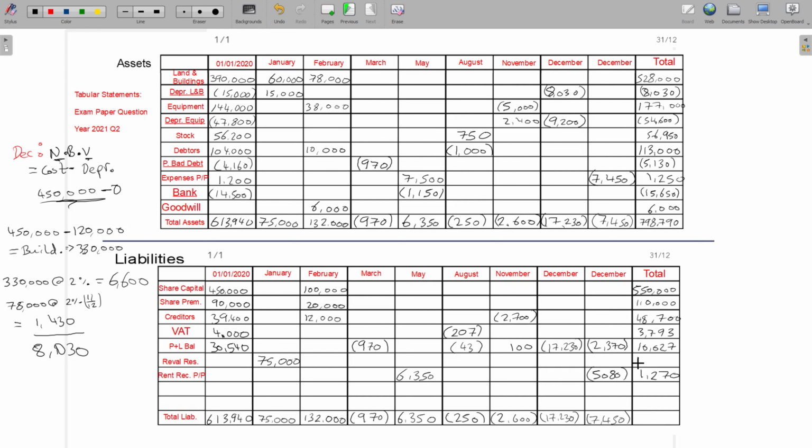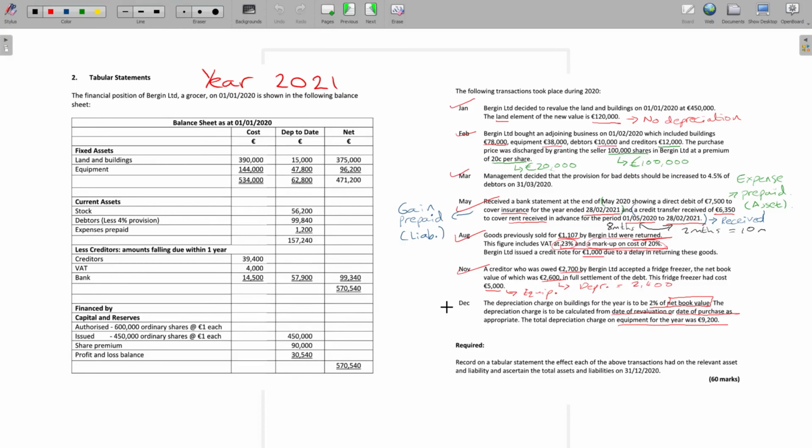Revaluation reserve 75,000. And if we add all that together, we will get the same 798,790. So that 100% balances.